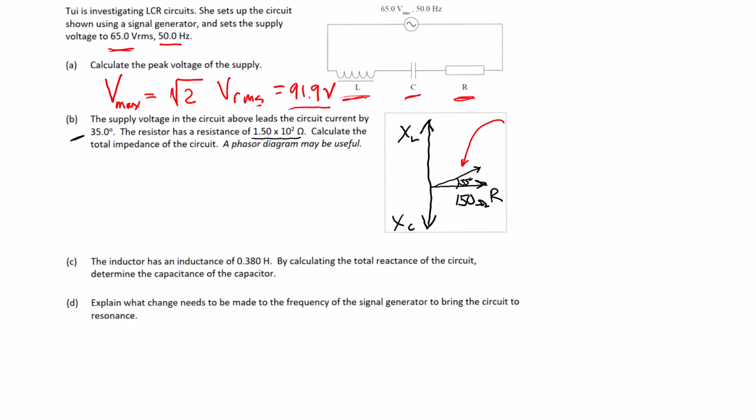And from that diagram, we can say that cosine 35 degrees is equal to 150 divided by the total impedance Z. Therefore, the total impedance Z is equal to 150 divided by cos 35, which is equal to 183 ohm. And again, three significant figures.